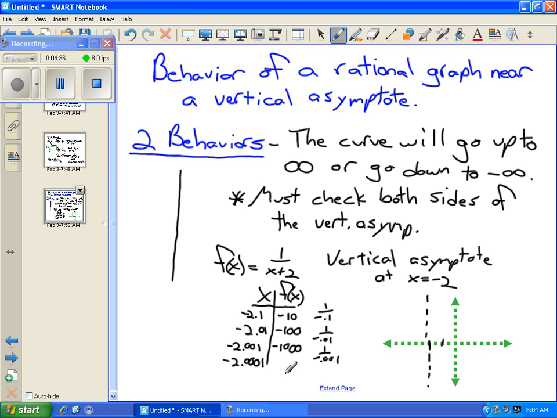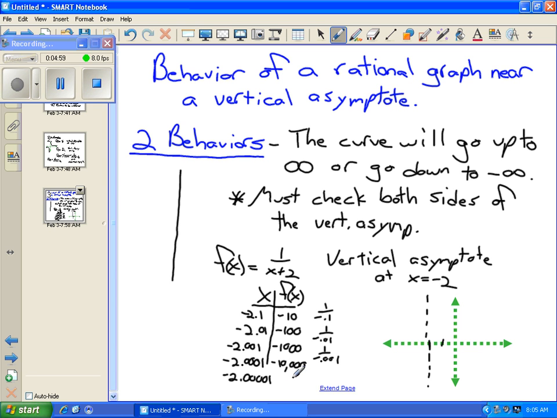The next one, you can just tell what it's going to be: negative 10,000. And this pattern is going to continue on and on. The next one will be negative 100,000. So it'll just keep going.